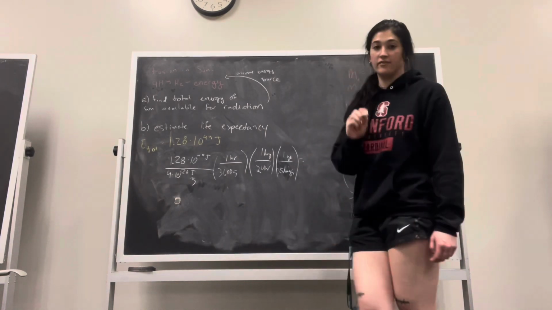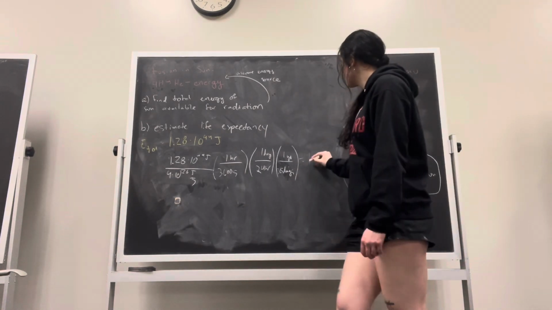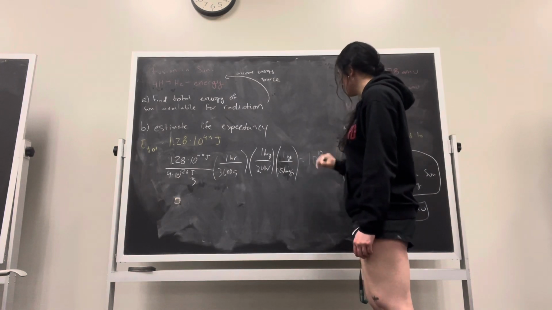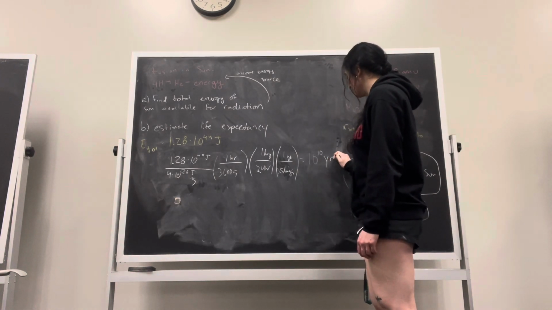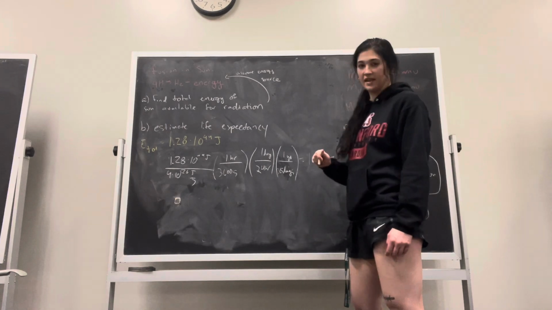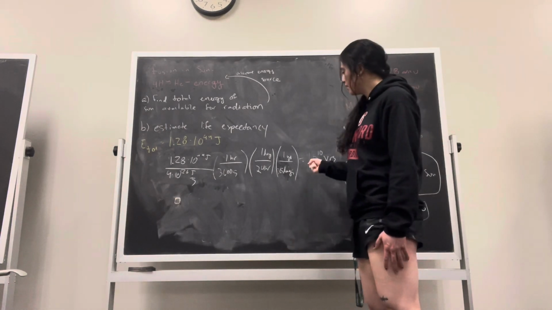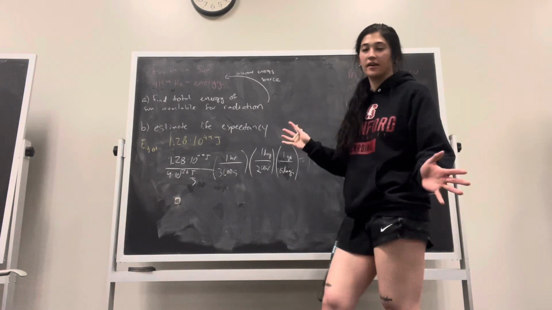This will give us our lifetime in years, and this is going to come out to be about 10 to the 10 years, or 10 billion years, which is a long time. All right, so that's it.